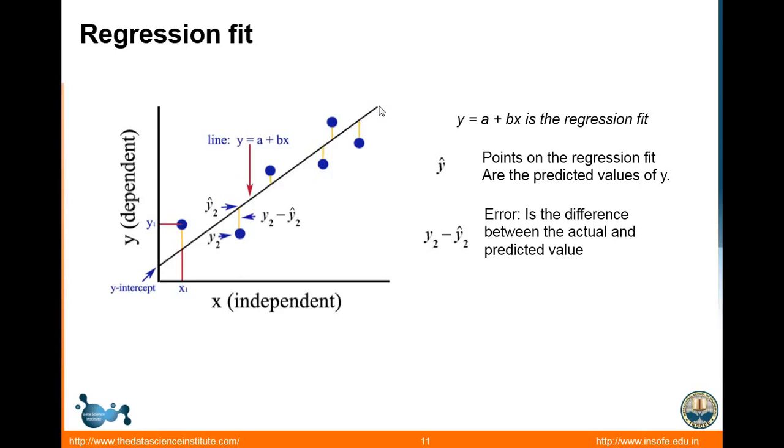So these are the points on the regression fit, and how we compute the error is, for each of the points around the scatter, we compute the actual point minus the point on the regression fit. In this case, y2 is a point, y2 hat is a point on the regression fit, and we take the difference between these two, and this is nothing but the error.